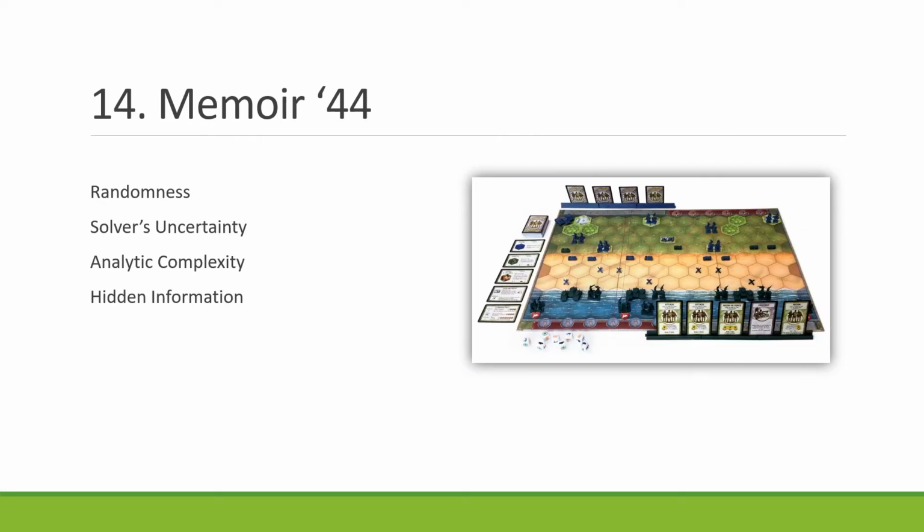Compared to something like a strategy game like Memoir 44, which has a number of different kinds of randomness sources, but it does not really impact the player's life outside of the game, right? The entire game is circumscribed within the state of the game board, and there will be different kinds of randomness.